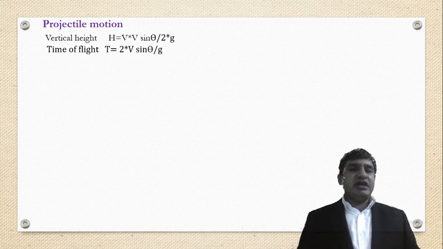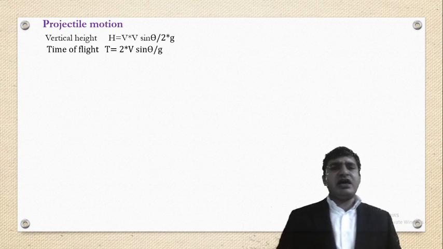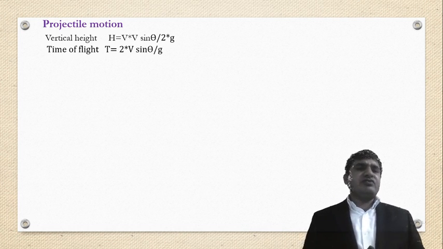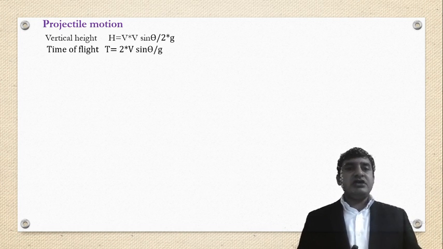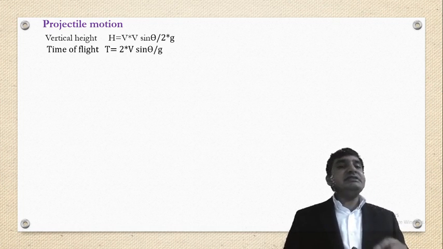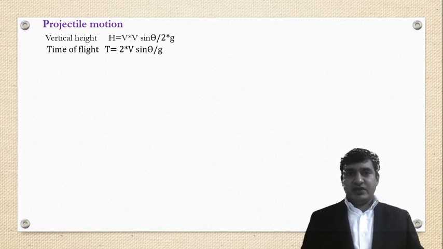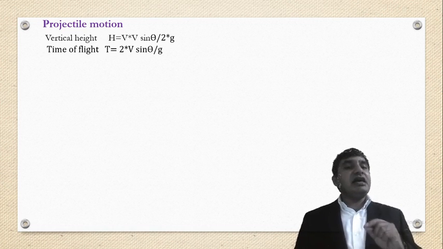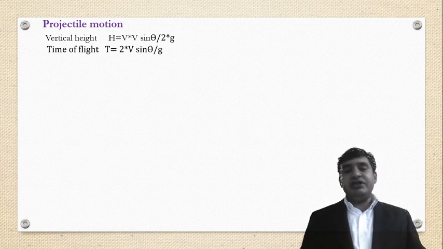The formula for vertical height is h is equal to v square sine theta divided by twice g, where v is the velocity and g is the acceleration due to gravity.